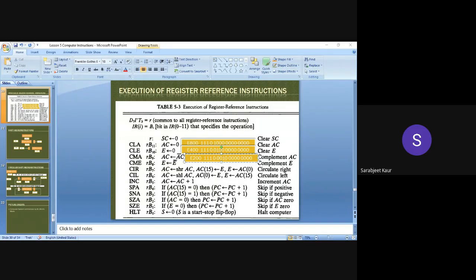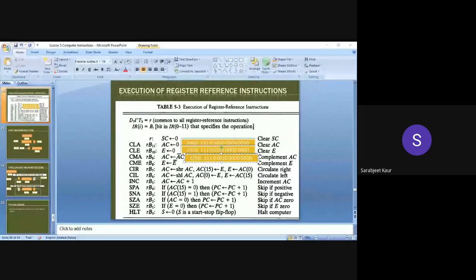Next is skip if 0 extended bit. If the extended bit is 0, then increment PC, that is, skip the instruction. And the last instruction in this line is halt. Now please see, there is a start flip-flop.